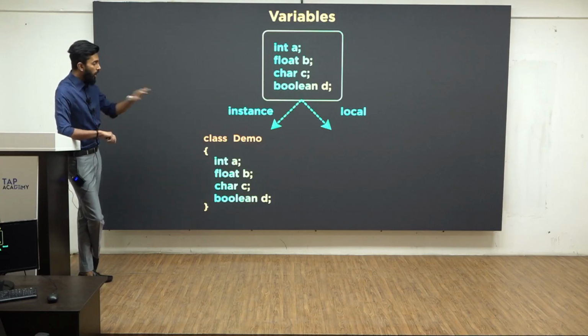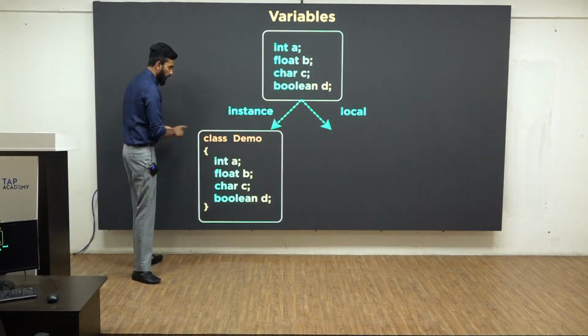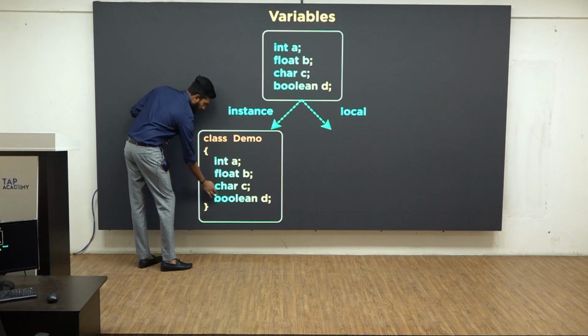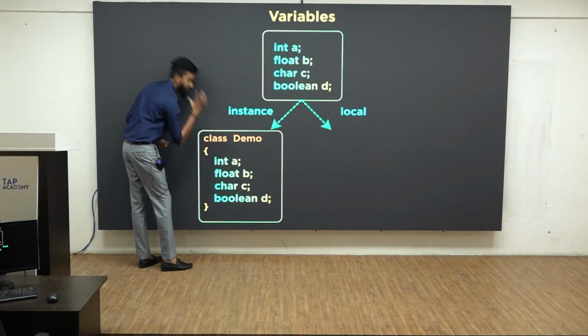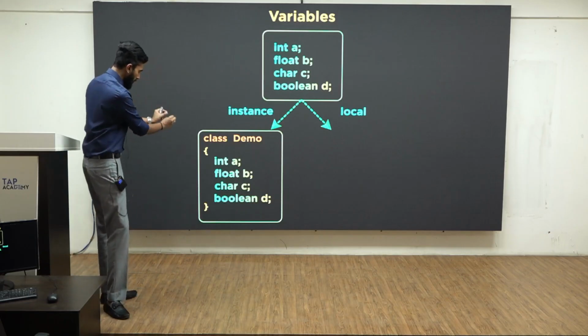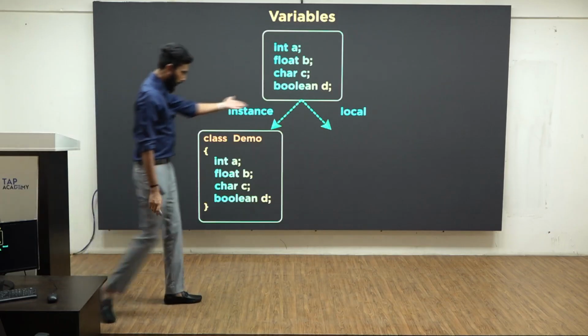Understood? Now if you ask me instance or local, 100% this is instance. Why, sir? Because in Java, instance variables are variables which are created directly inside a class. That is the definition. So what are instance variables? Variables which have been created directly inside a class. Simple.